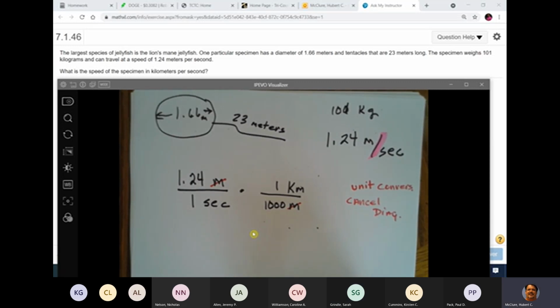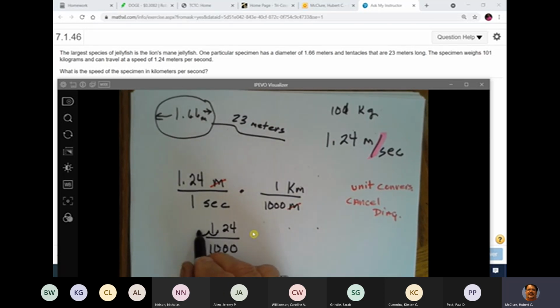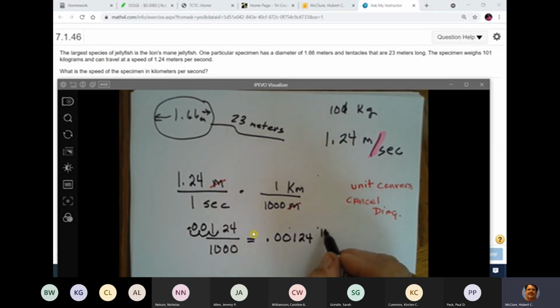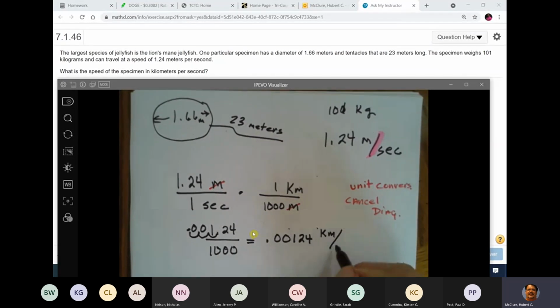So now you just do the math, because you've got kilometers per second. That'd be 1.24 over 1,000. And when you divide by 1,000, you move the decimal 1, 2, 3 places. 0.00124 kilometers per second.